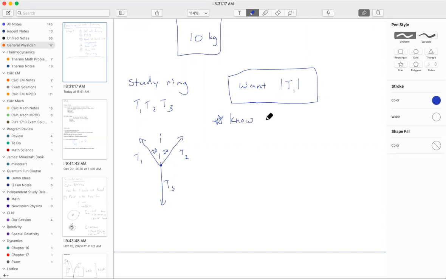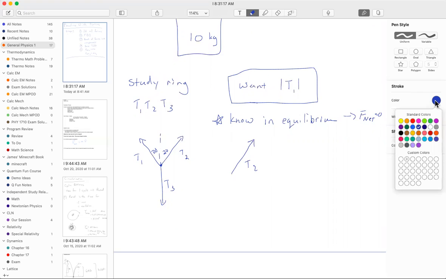It's in equilibrium, which means F net equals 0 in both the x and y direction. That's just an aside, something else I know about this problem. To proceed, what I want to do is break tension 2 into components.